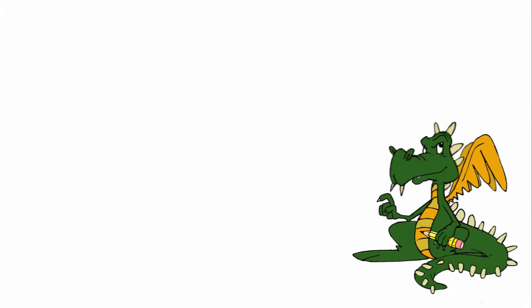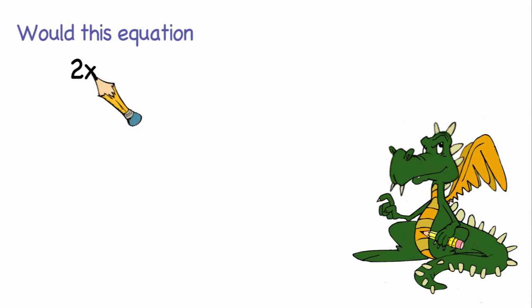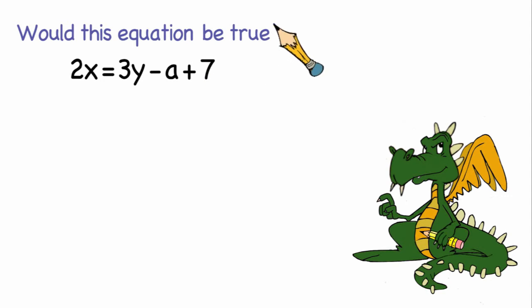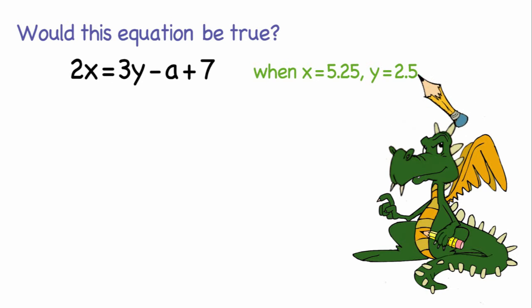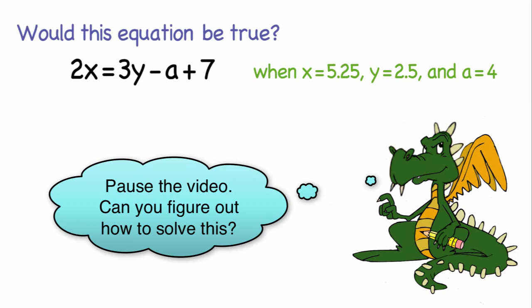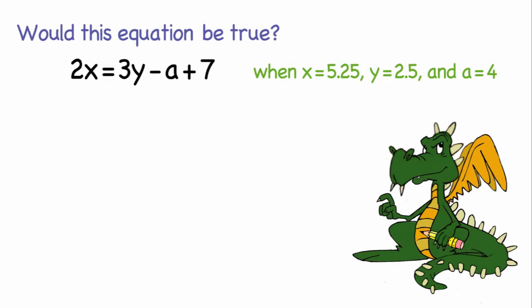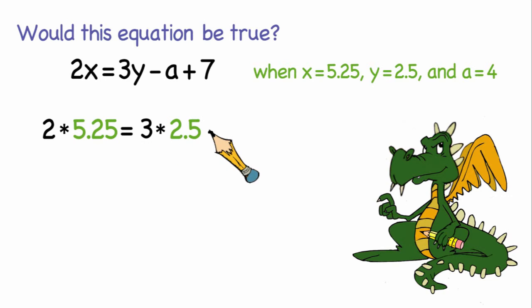Let's look at one more situation. Would the equation 2x equals 3y minus a plus 7 be true when x is 5.25, y is 2.5, and a is 4? To check to see if those values make the equation true, we will start by substituting our new values in for x, y, and a, giving us 2 times 5 1/4 is equal to 3 times 2 1/2 minus 4 plus 7.